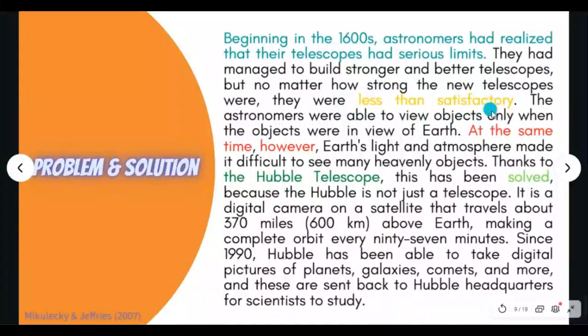And then it still talks about the problem. The astronomers were able to view objects only when the objects were in view of Earth. At the same time, however, Earth's light and atmosphere made it difficult to see many heavenly objects. Thanks to the Hubble telescope, okay, this is the solution.